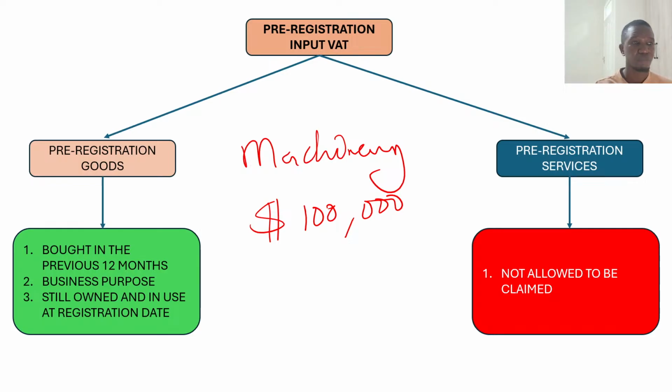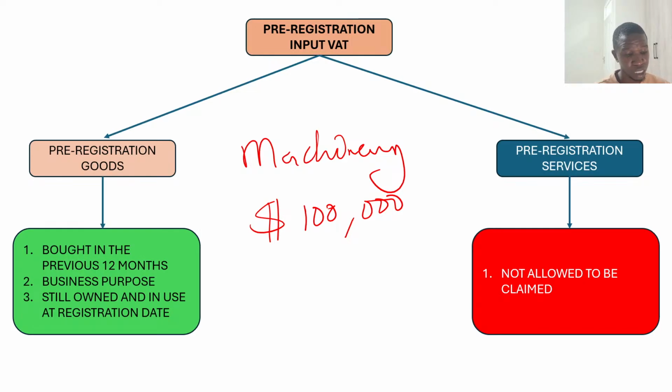You can claim the VAT even after, let's say, for example, you bought machinery in the previous 12 months, you were not yet VAT registered, right? Then you become VAT registered, you are able to claim that VAT on that asset you bought. So this only applies to goods.